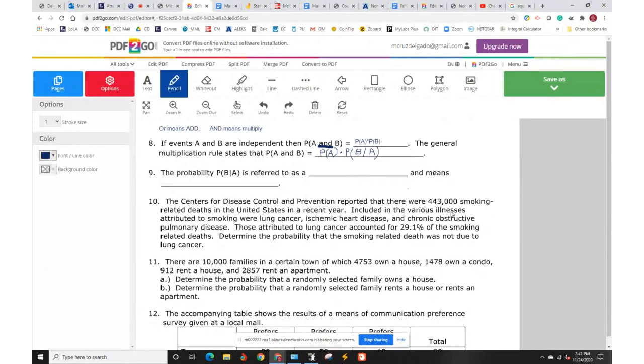But if you have them pull a card out, and have them pick again without replacing, then the second pick is dependent upon what happens in pick A. But no matter what it is, you still multiply. The only thing that this means is that you've made an adjustment in probability of B given that A's occurred.